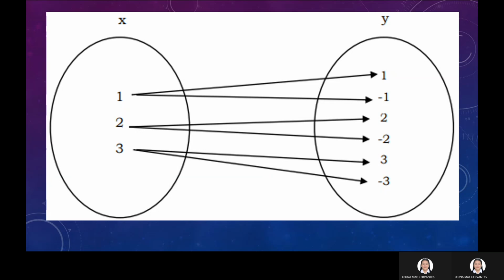When we express this as an ordered pair, we have (1, 1), (1, -1), (2, 2), (2, -2), (3, 3), (3, -3). Since the domain 1, 2, and 3 is connected or repeated, then this is an example of relation.